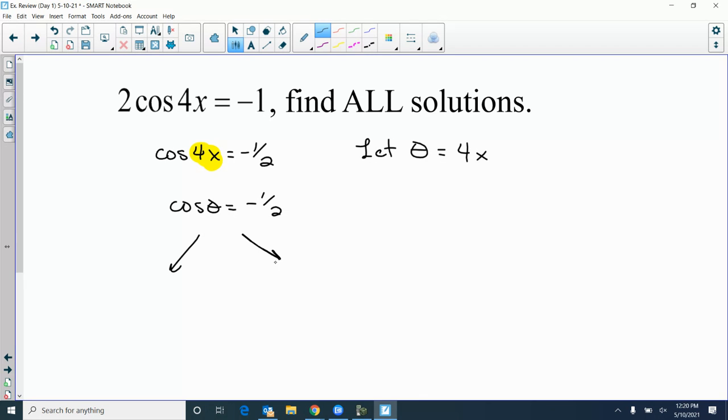And I wanted you to think, what 2 angles between 0 and 2 pi is that true for? So take a second and think about that. Where's cosine of theta equal -1/2?